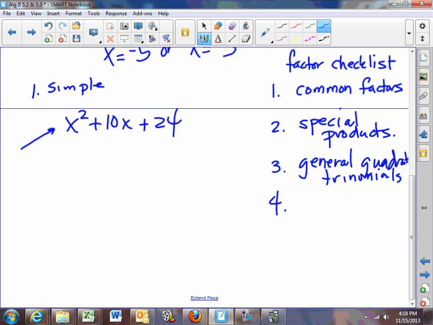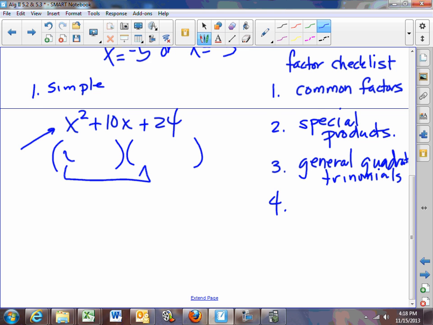When the coefficient of the x squared is 1, what you can do is you can simply put down 2 sets of parentheses to hold 2 binomials. Now, what we're saying is that these 2 binomials FOIL together to give x squared plus 10x plus 24. That means that these 2 numbers FOILed to give us x squared.